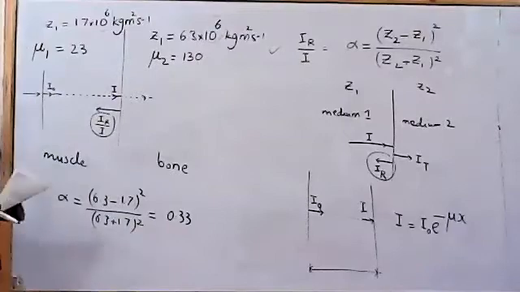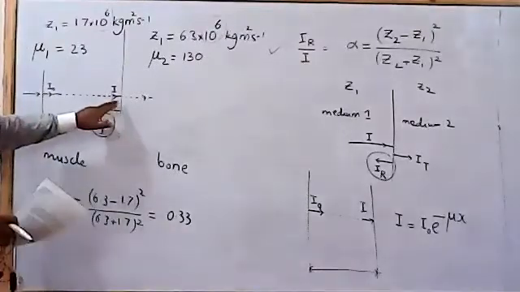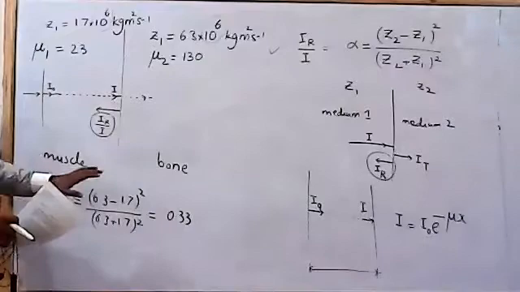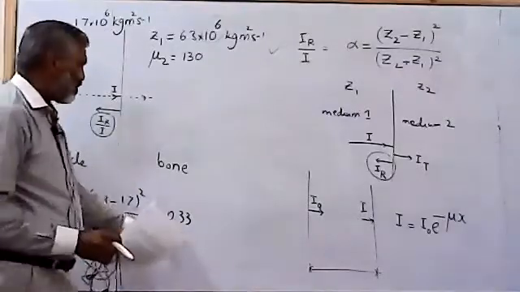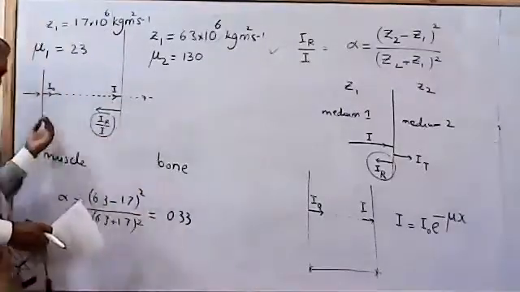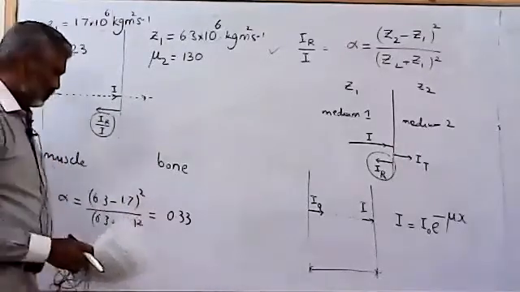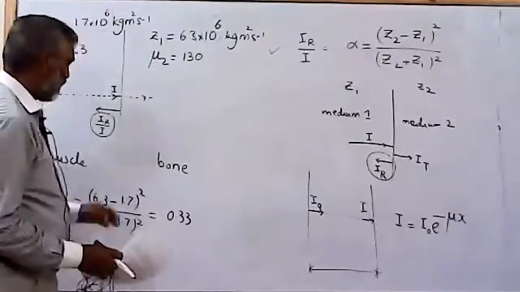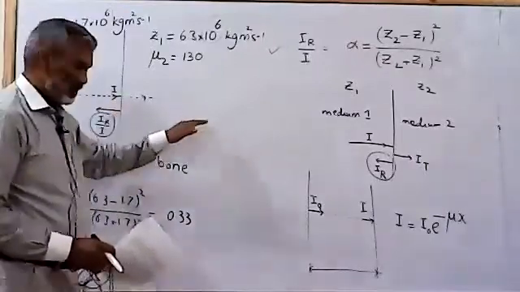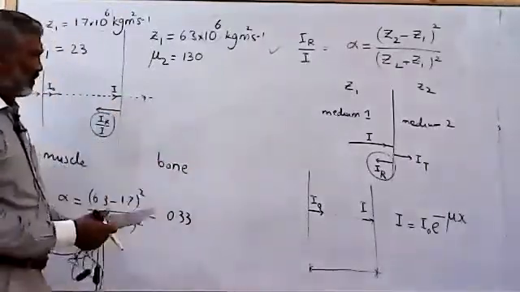That means whatever intensity is incident here, 0.33% of it will be reflected back into this, and the remaining 67% will get transmitted into the next medium, which is bone.